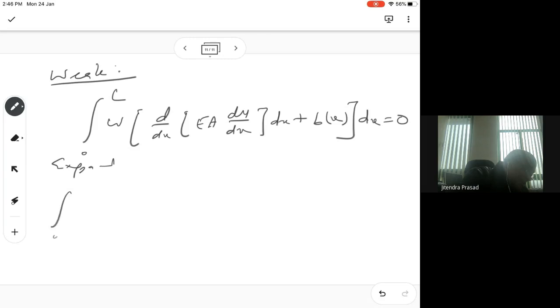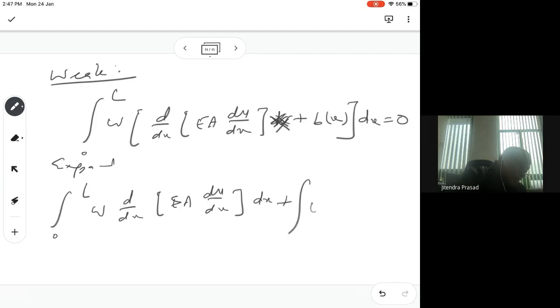You get the integral from 0 to L of W d over dx of EA du over dx dx, plus W dx, is equal to 0.